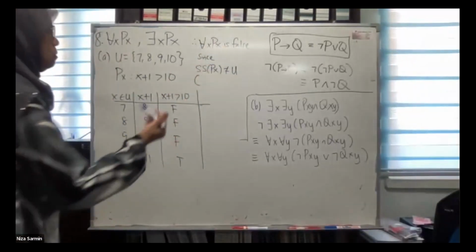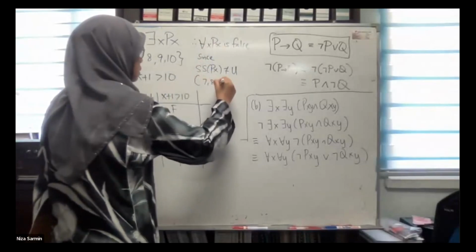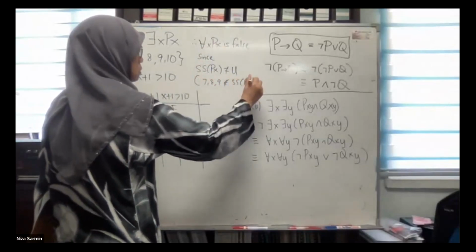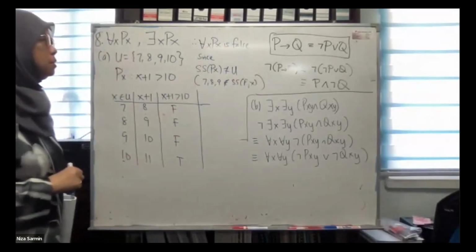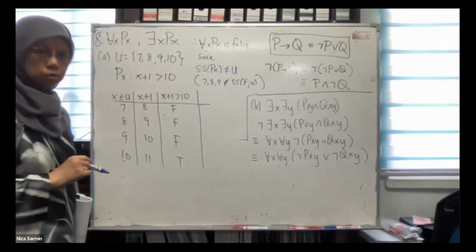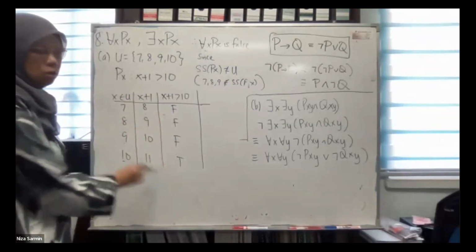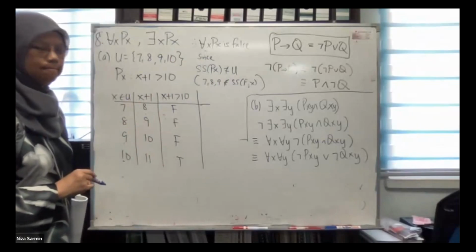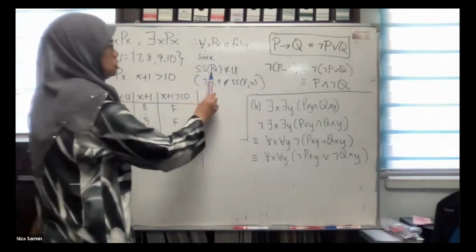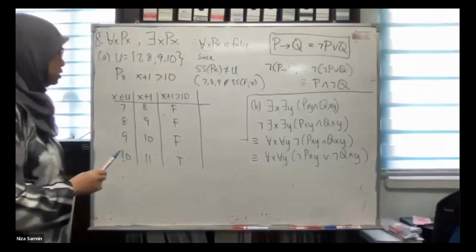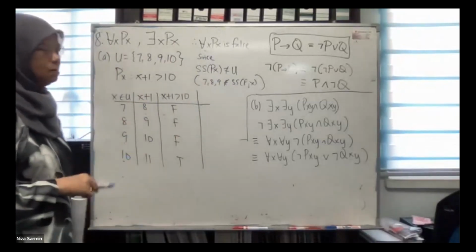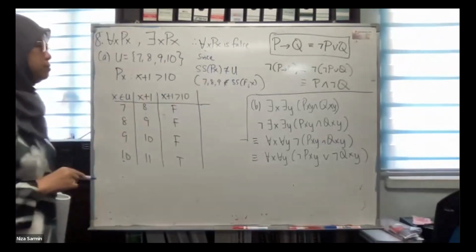You can just say 1, but 7, 8, 9 is not in the solution set. For all X to be true, this has to be all T. You can say it in any way, whether you say the solution set is not U, or you say that it's not true for X is 7, but this is the right way to write.